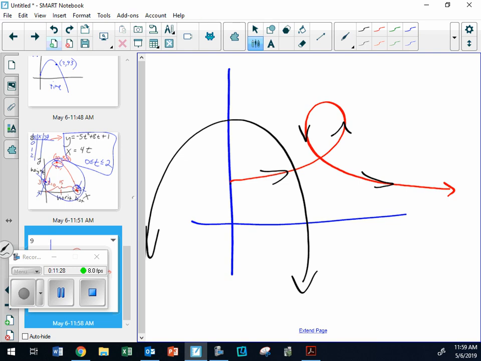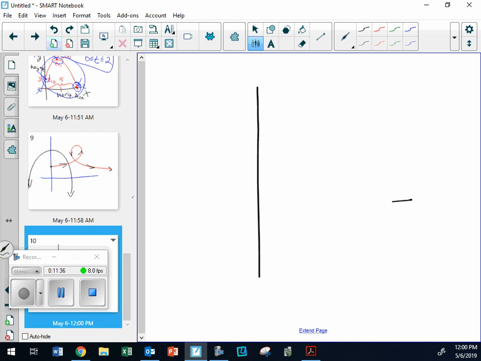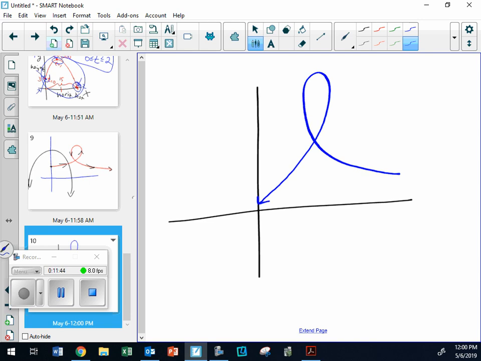It starts here, and it ends there, and I happen to do it that way because I read from left to right, but a parametric can absolutely start over here and end down there. Parametrics don't have that requirement of going both directions. They can go any way that they want to go.